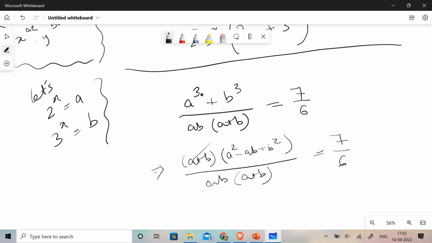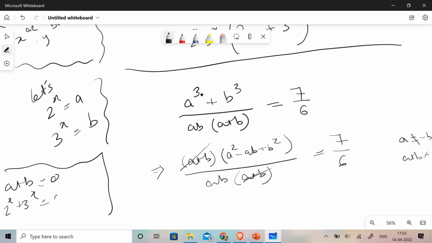So we can cancel out a plus b, assuming that a is not equal to minus b, that is, a plus b is not equal to 0. We are assuming that, but if it is, then you can create a solution from that. Say if a plus b equals 0, 2 to the power x plus 3 to the power x equals 0.